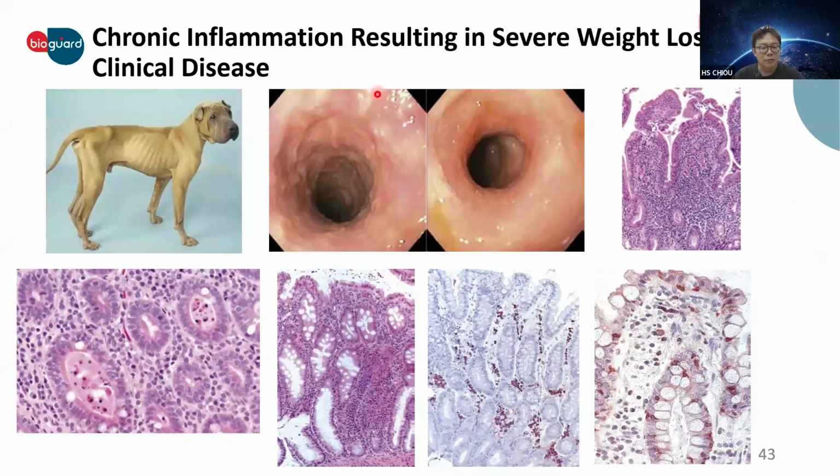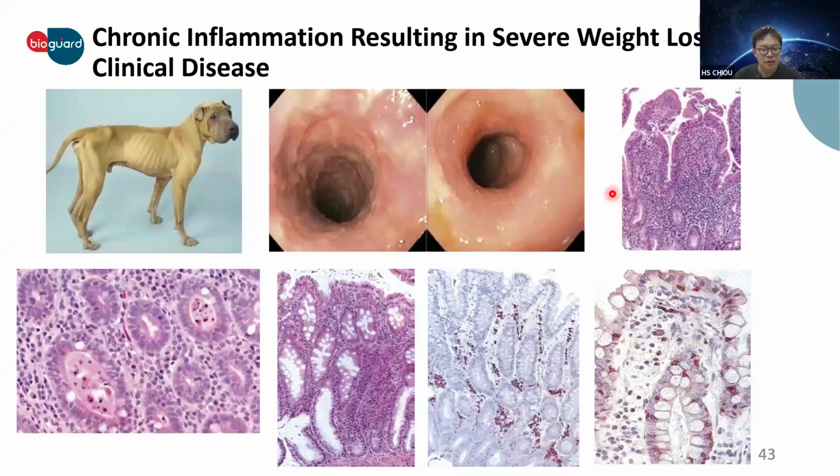On endoscopy, the intestinal mucosa shows granulation and an irregular surface, compared to normal intestine, smooth and uniform. So even grossly, we can see architectural alteration. Now moving to the histopath.